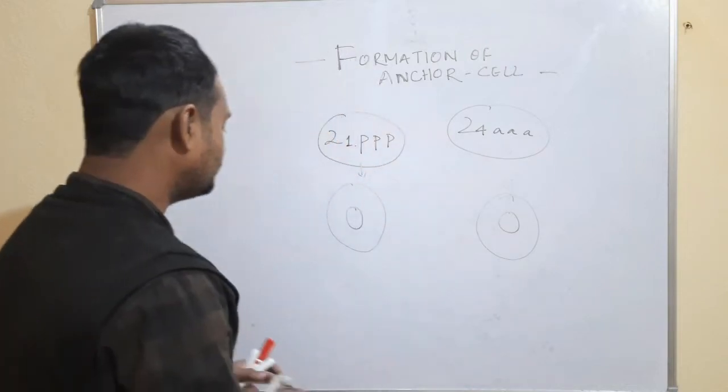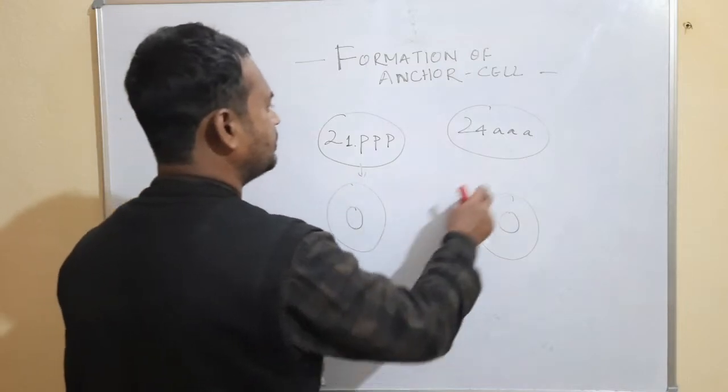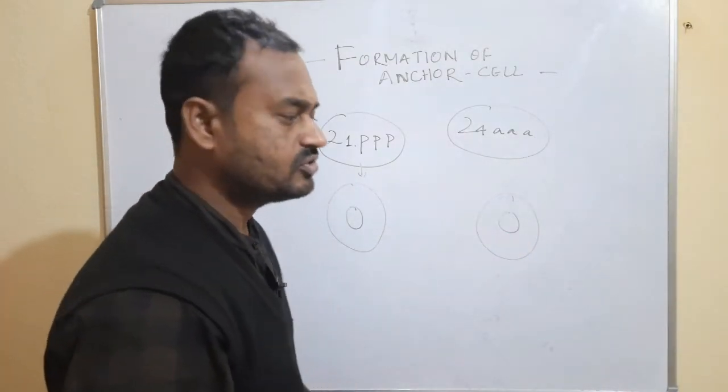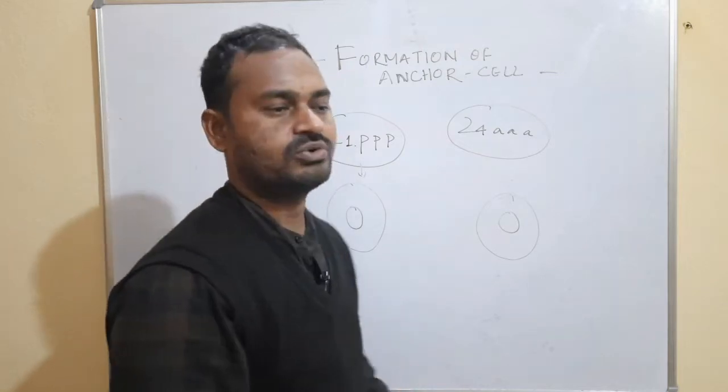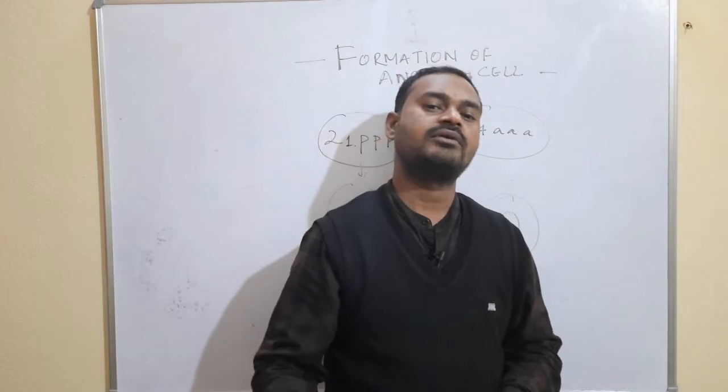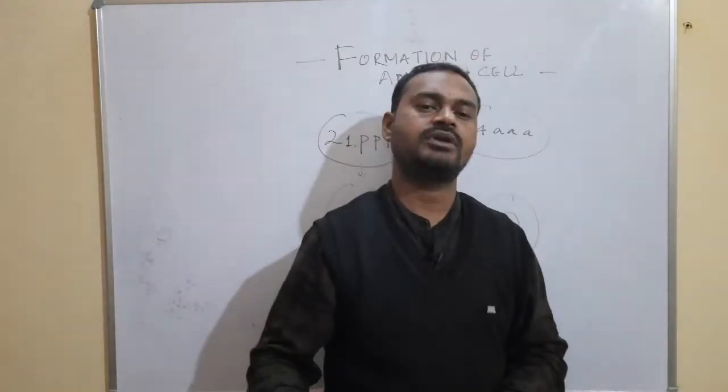But which one, either this cell or this cell, will go for the development of the anchor cell? Because there are two cells, only one will become the anchor cell and the other will go for the ventral uterine body.